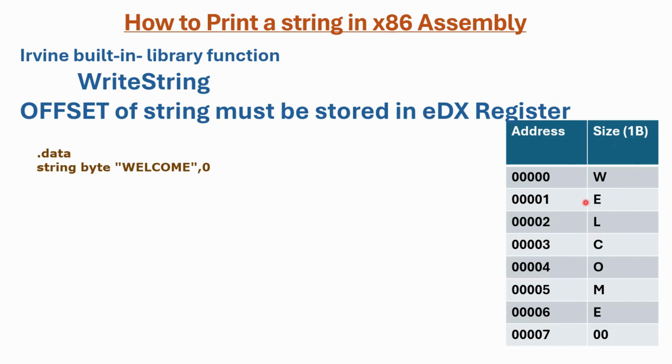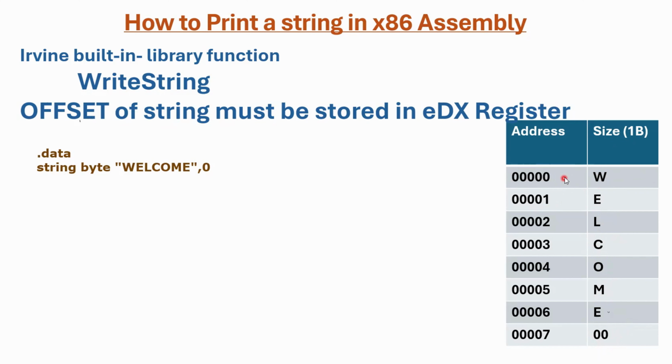In the next memory location, it will be E, and in the very next locations, L, C, O, M, E. And when your string is terminated, you will see this 00, which indicates that your string, which started from this point, is now terminated. So this is the address of this string, the starting address, and that is what we call the offset of the string, which must be stored in EDX.